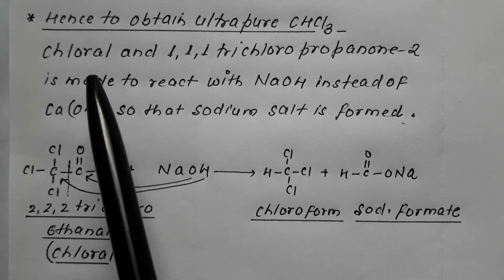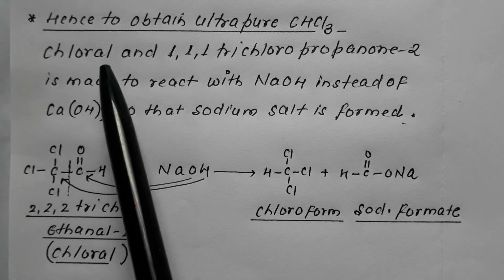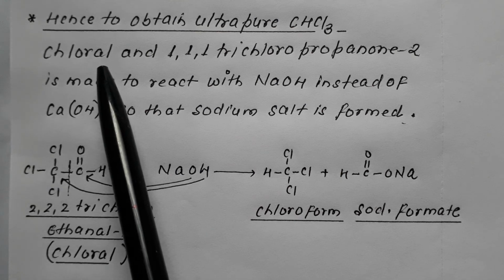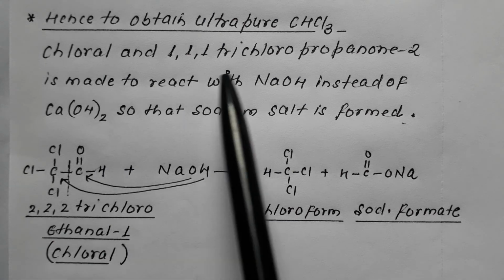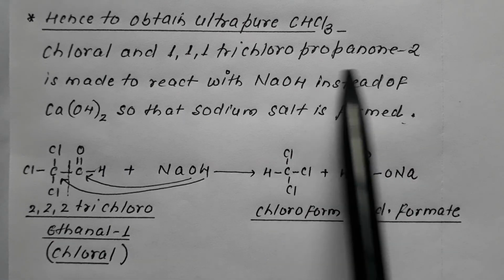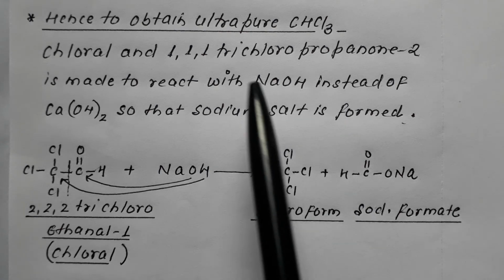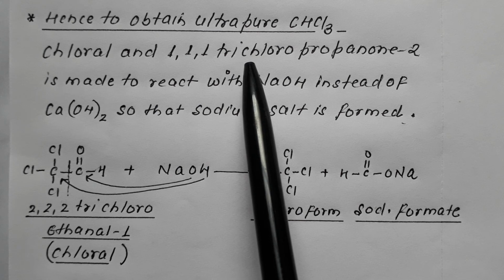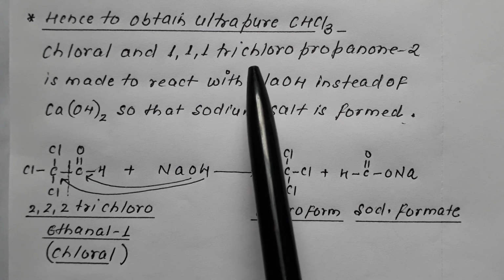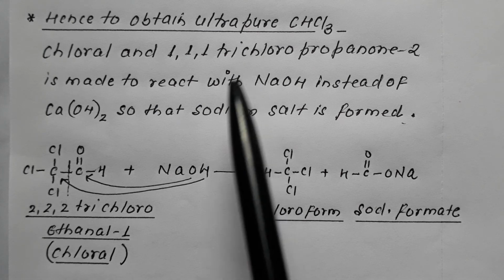With bleaching powder and ethanol, chloral was formed as intermediate. With acetone and bleaching powder, 1,1,1-trichloropropan-2-one was formed as the intermediate, and these two components were reacting with calcium hydroxide, giving chloroform and calcium salt.